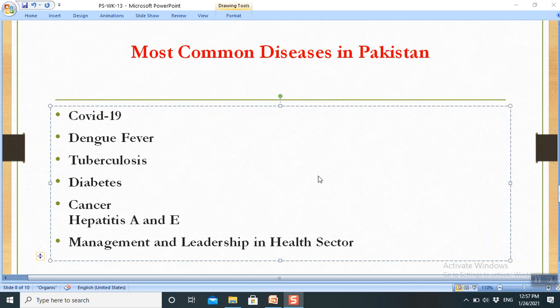Hepatitis A and E. Hepatitis A and E are still common diseases in Pakistan, whereas in the world people have developed medicine and the vaccine is available. It is a viral disease.